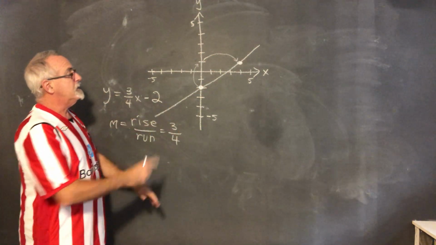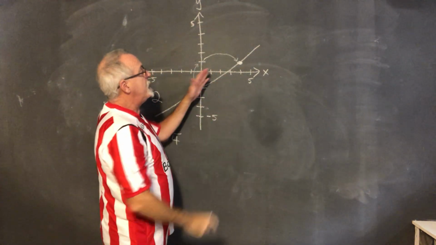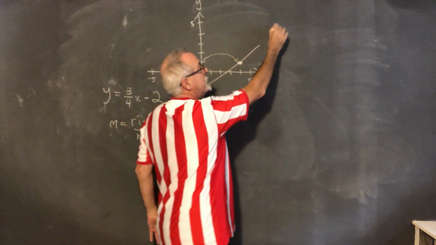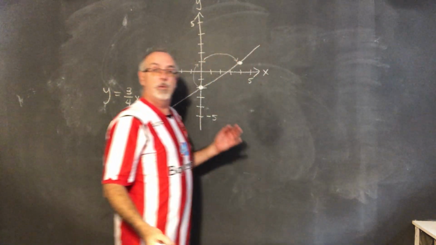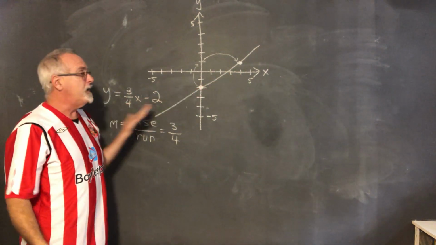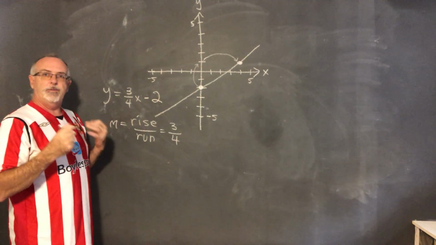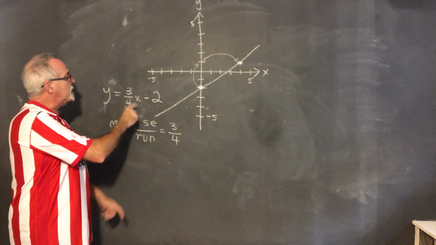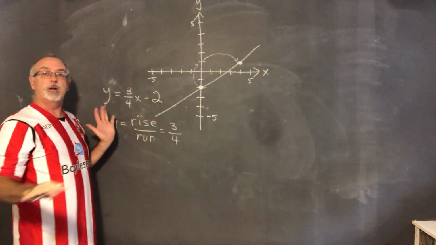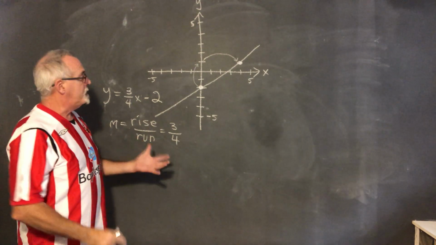This one is tilted so that it goes up by 3 every time it goes to the right by 4, and we would be able to do the rise over run trick over and over again and keep on finding points further along the line if we wanted to. But as soon as you have 2 points that you can rely on, you can draw the line and graph the line. It's a nice feeling of power to look at a straight line equation and already have a feeling for how it's going to look on the graph before you start doing any work. And that is what y equals mx plus b gives us the power to do.